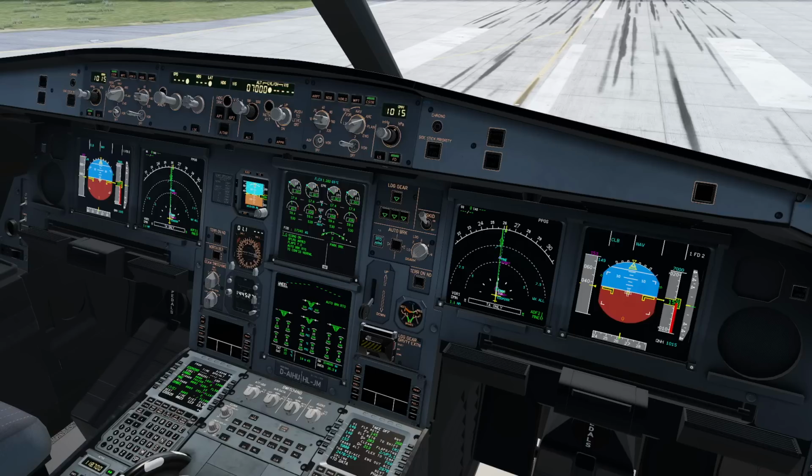Those memory items are autopilot off, auto thrust off, flight director off, and then you set certain pitch and thrust values. For the A340, those are 12.5 degrees of pitch with takeoff thrust at the thrust reduction altitude and below flight level 100, 10 degrees of pitch with climb thrust above the thrust reduction altitude and below flight level 100, and 5 degrees pitch and climb thrust above flight level 100.